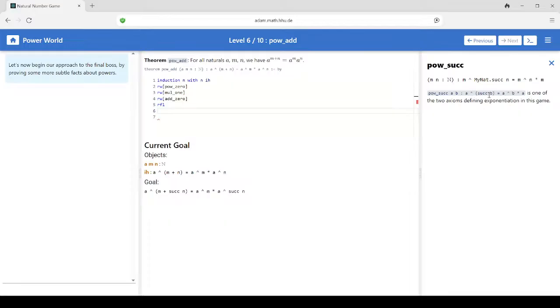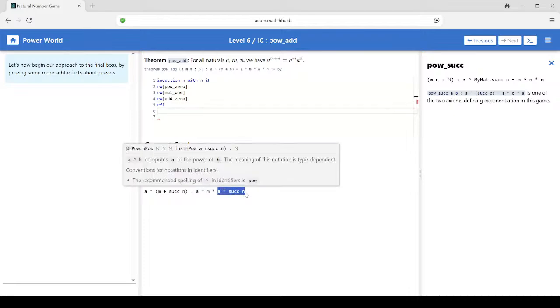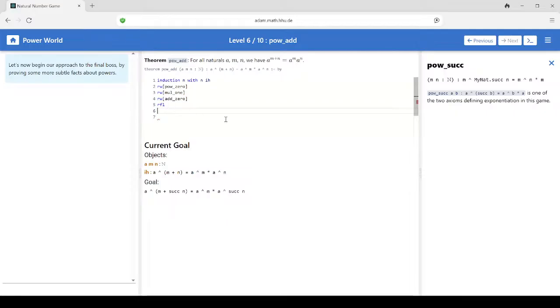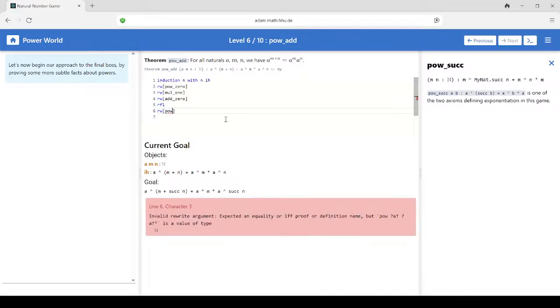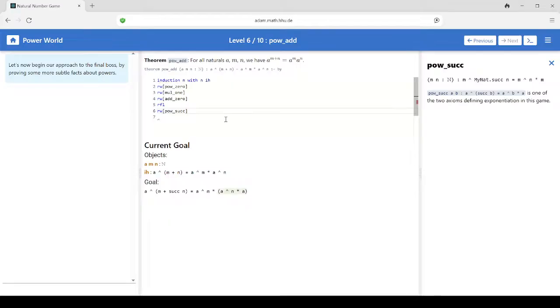A to the power of the successor of b is a to the power of b times a, which I can use, and that will do something to this. I know I've already done this, but this has got to be on the right track.